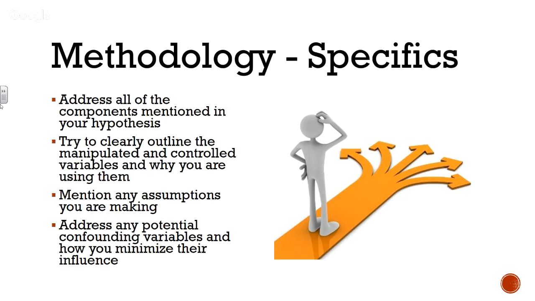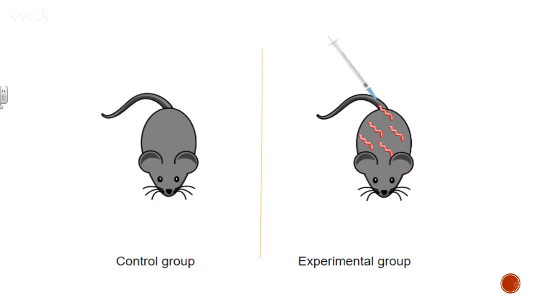Through your methodology, you want to come up with results that will allow you to answer your hypothesis. You also want to clearly outline the manipulated and controlled variables and why you're using them. Actually, we'll go through that now.